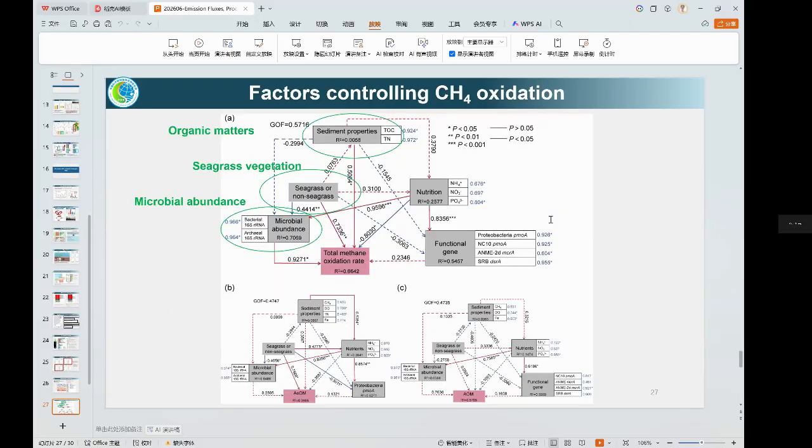The PLS model analysis showed that the organic matter, seagrass vegetation and microbial abundance were the key factors influencing methane oxidation rates.